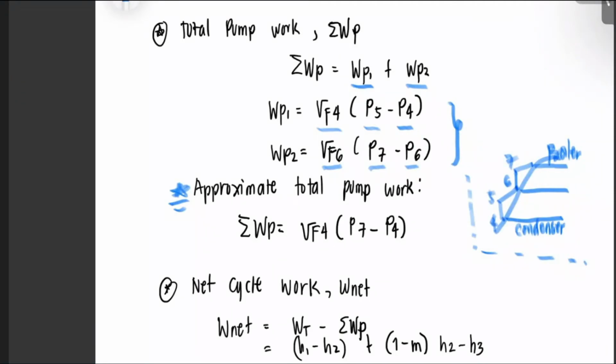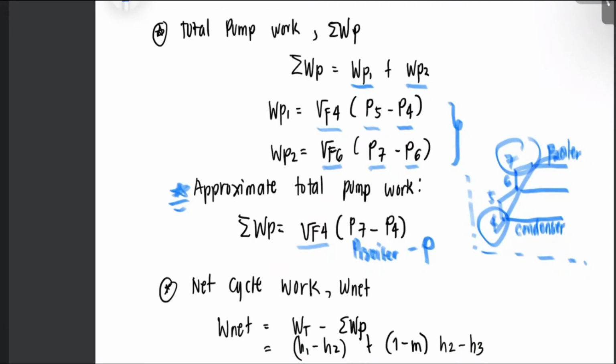So, the approximation now of the total pump work. Hindi na tayo magdadalawa-dalawa pang i-compute. So, gagamitin na natin is from condenser to the boiler. Okay? So, ito na yung hinahanap natin. We have now the saturated liquid. The specific volume at the saturated liquid multiplied by the pressure at the boiler, boiler to class, minus pressure sa pump natin or the first pump.